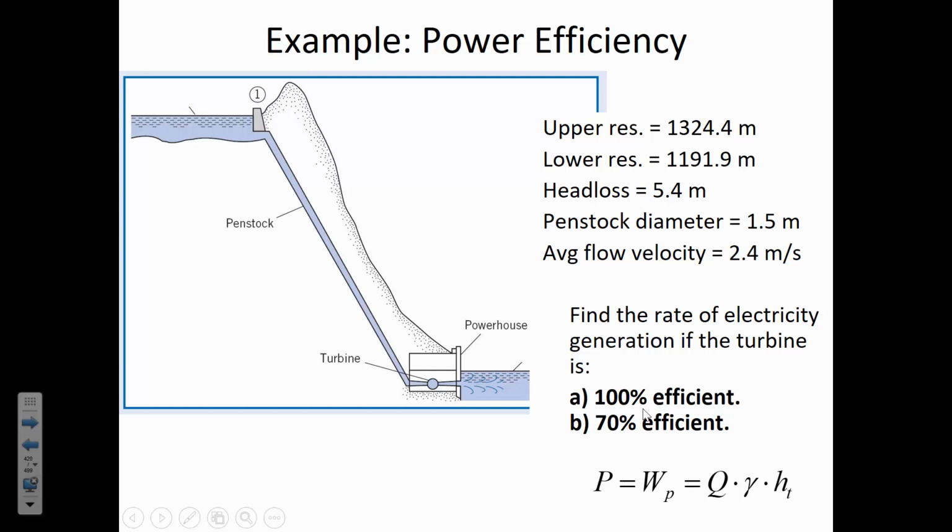So the first thing that we're going to have to do is to find out how much pump head is available, how much turbine head is available by substituting into the energy equation. So we'll do that here.